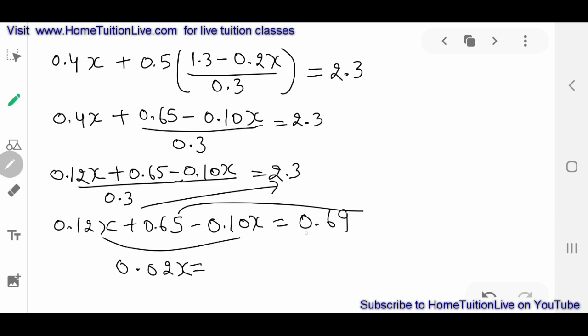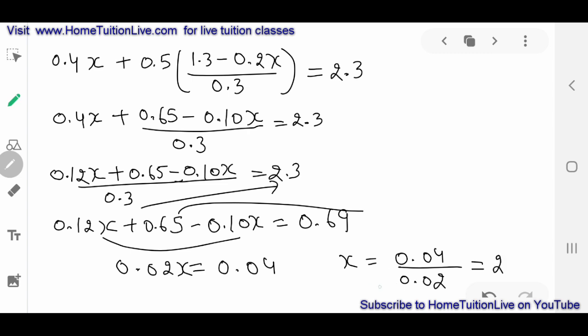When we do 0.69 minus 0.65, we will get 0.04. Now x is 0.04 divided by 0.02, and the x value is 2.